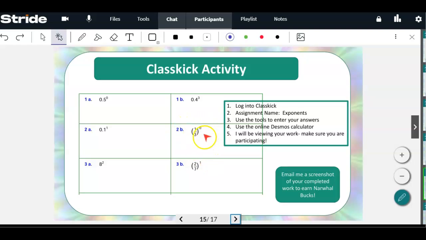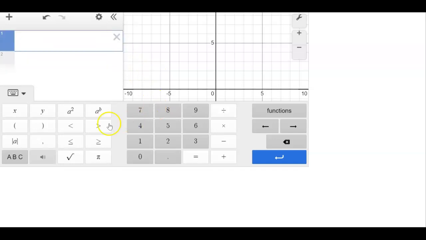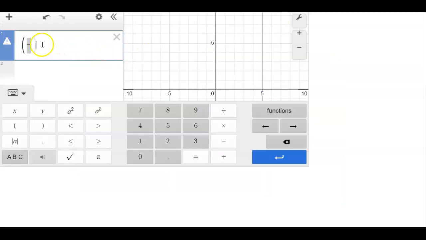All right, let's look at one of these though. We know this should be 1 for the answer, but I want to show you how to enter this on the calculator. So here's a freebie for you. You do need to put those parentheses, and then make sure it's a fraction. Let's see, what was it? 1/3. So we're going to put that 1 on top, the 3 here.